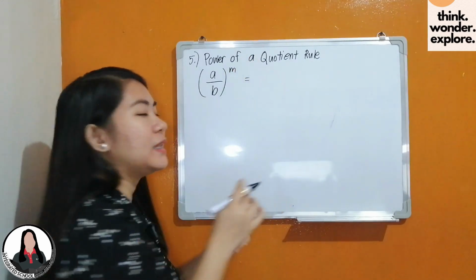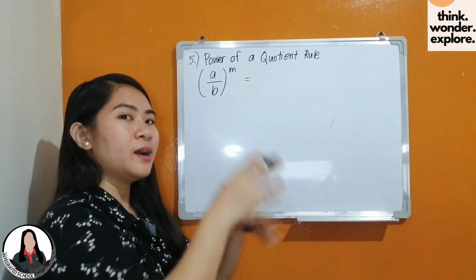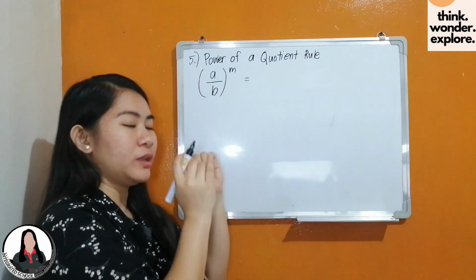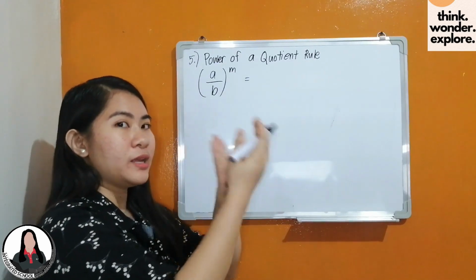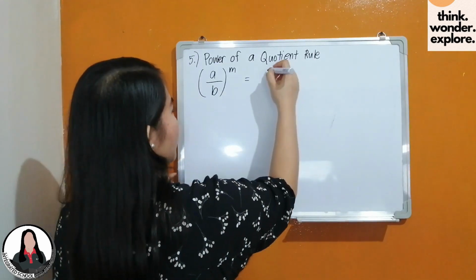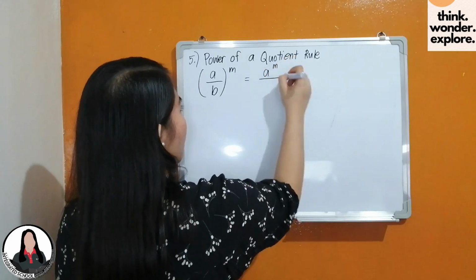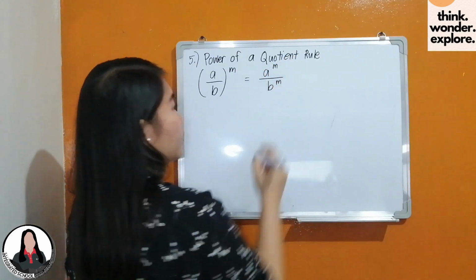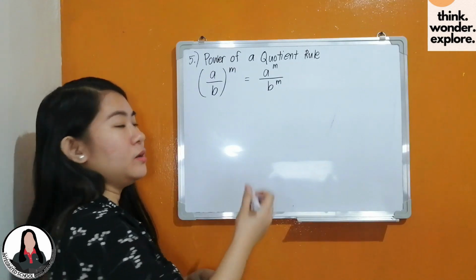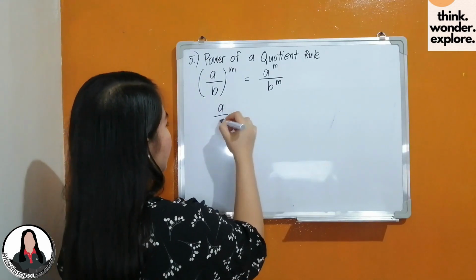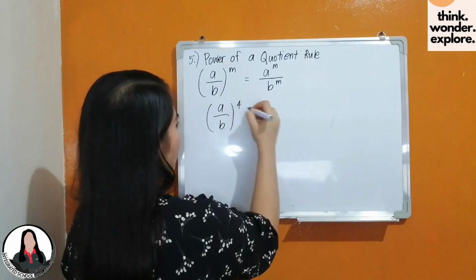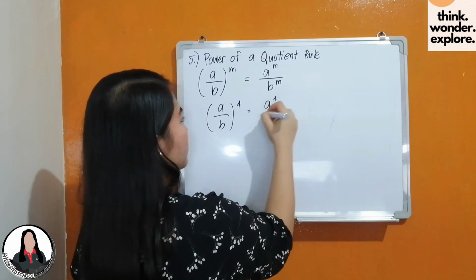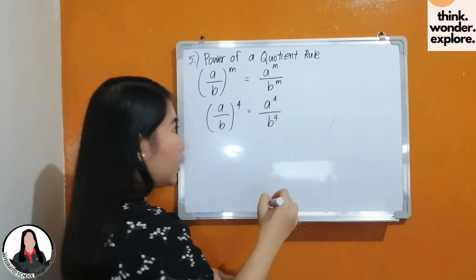Ibig sabihin, kailangan lang nating i-distribute ang mga factors or yung numerator or denominator doon sa exponent. So, this will become a raised to m all over b raised to m. So, let us have an example. For example, we have a over b raised to 4. Simply, this will become a raised to 4 over b raised to 4.